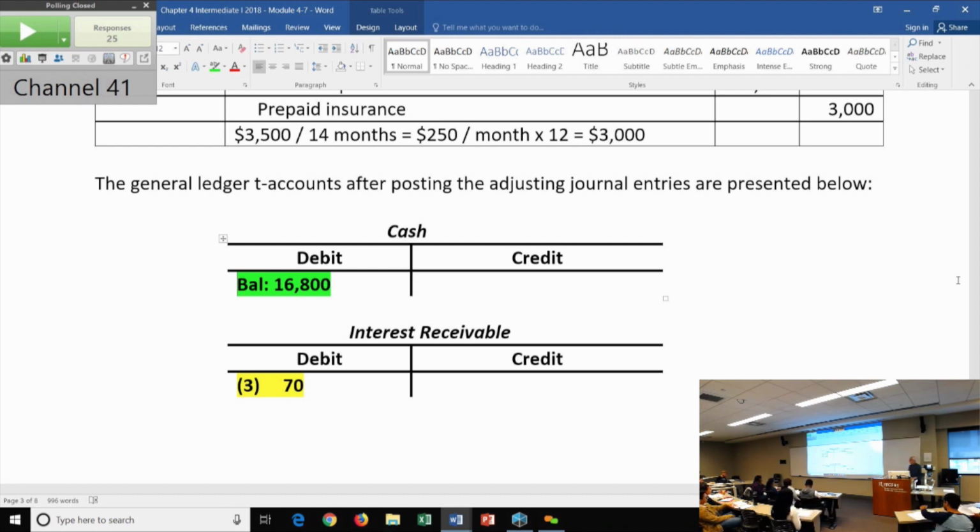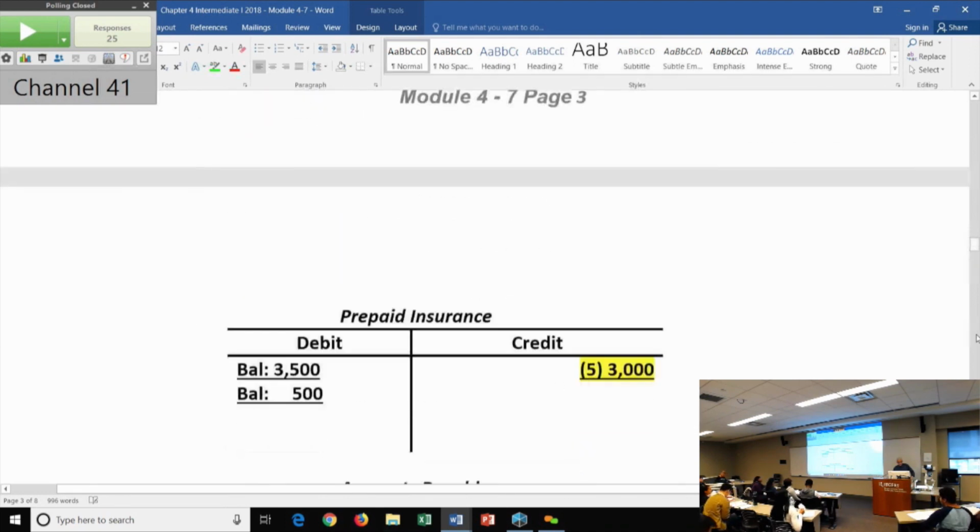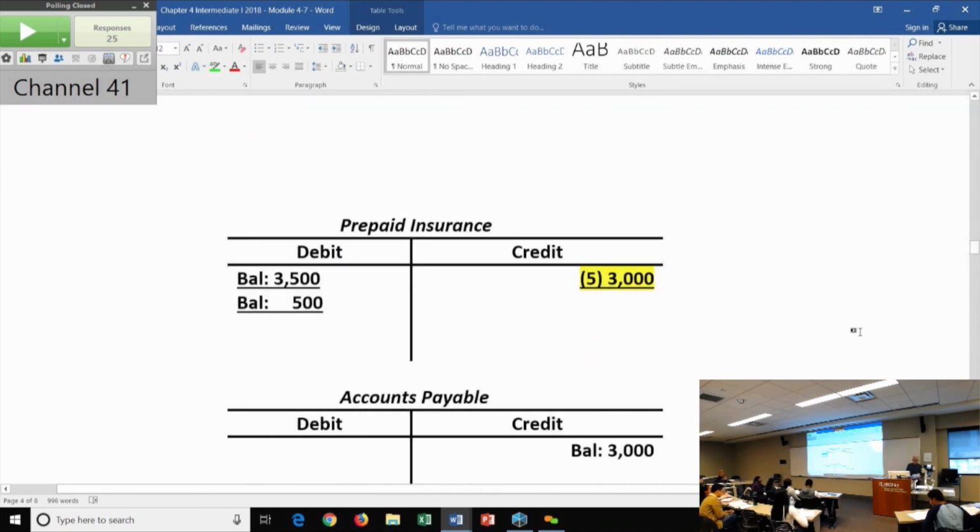Prepaid insurance. The original balance was up here at 35, but then when you made your adjustment, it's for 3,000. Now, there's another typo in here someplace, I'll catch up to that with you in a second.